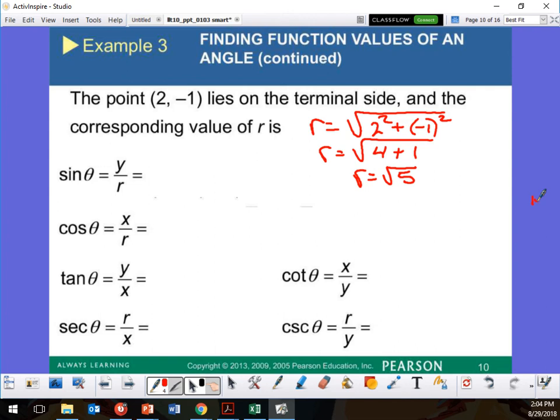Now, I'm going to have to also teach you this thing called rationalizing. You guys did some of it in Algebra 3-4. Rationalizing means I cannot have a radical in the denominator. So, for this instance right here, for sine, my y value is going to be what? Negative 1. So it's negative 1 over rad 5. Now, to rationalize, I multiply by the value of 1.